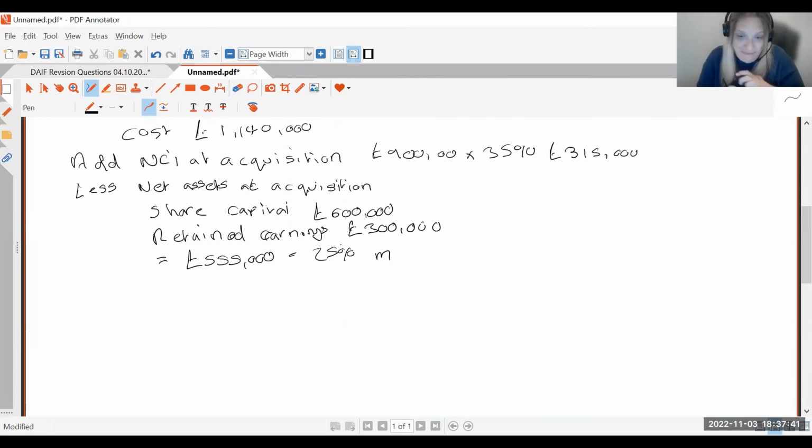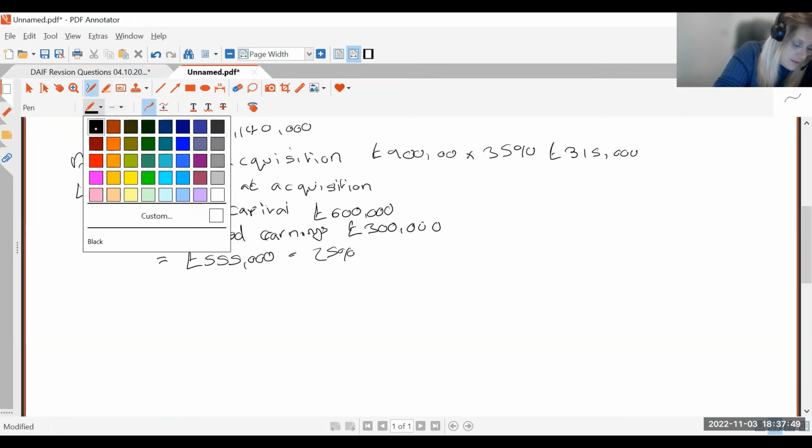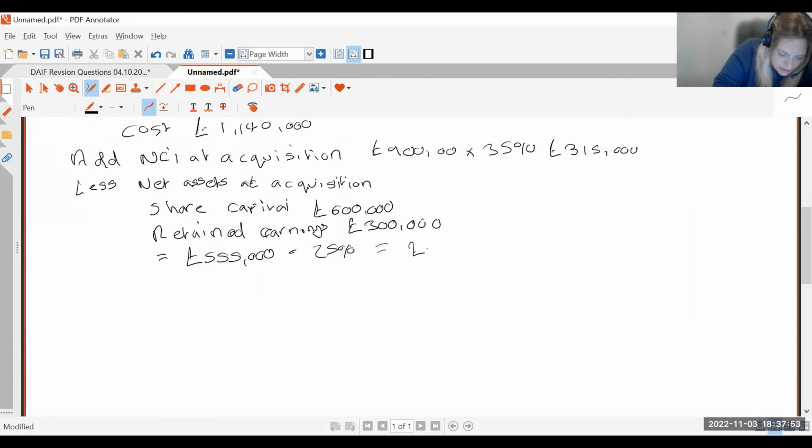555,000 less 25%, sorry, equals £416,250. Got there in the end.